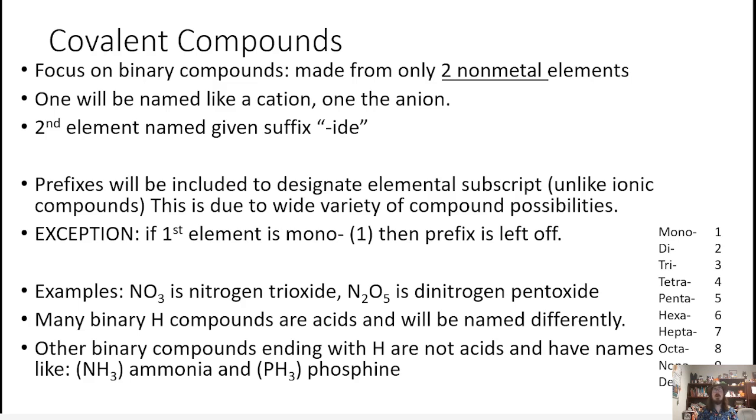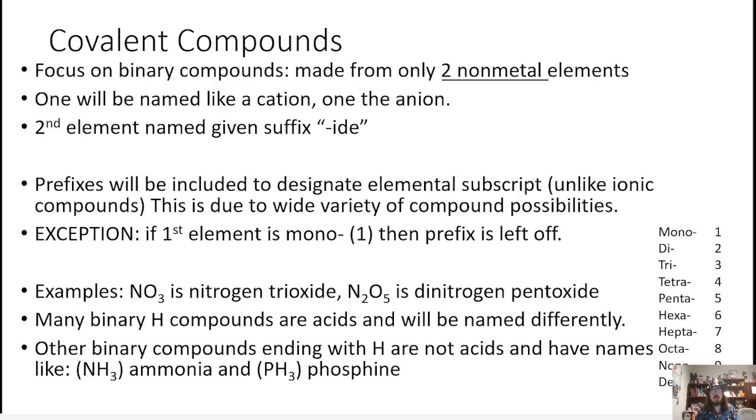And because we can get a lot of unusual combinations, we need to somehow specify what this combination is, and quickly. So in covalent binary compounds, we are going to designate the subscript verbally. We are going to give prefixes, verbal prefixes for the subscript.